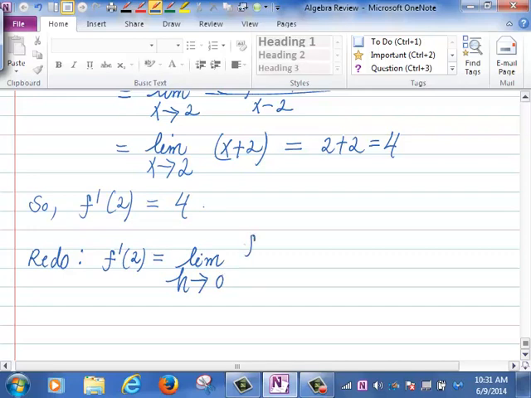And what would I get here? It's f of a plus h, right? So a is 2. So f of 2 plus h minus f of 2 divided by h. Right? This is the second form of the limit definition of the derivative.